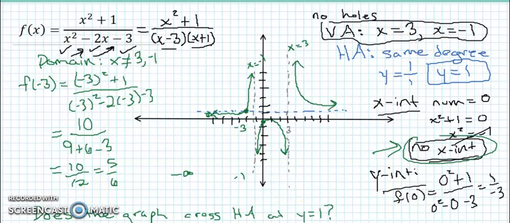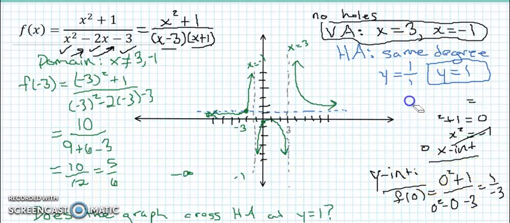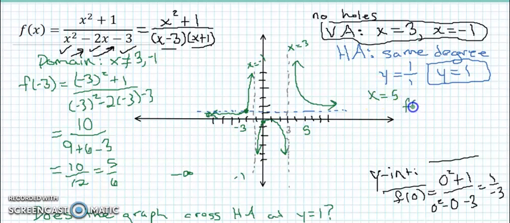Although, if you're not convinced by that and you want to provide more evidence to yourself, what you could do is pick an x value on the right side of this graph, so something like x equals 5, and plug that in. So if we plug in 5 to this function, you'll have 5 squared plus 1 in the numerator, and then 5 squared minus 2 times 5 minus 3 in the denominator.